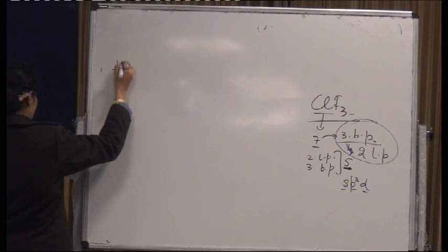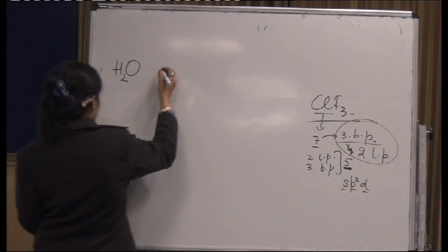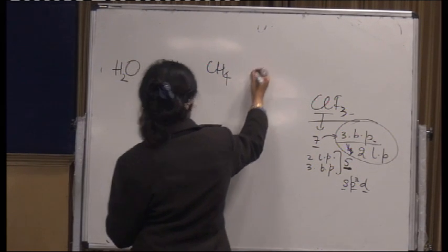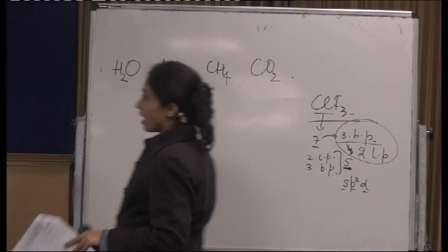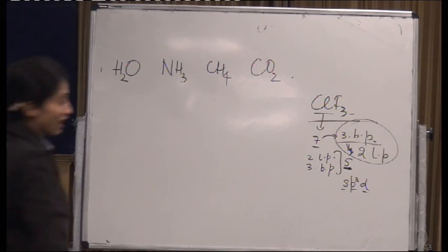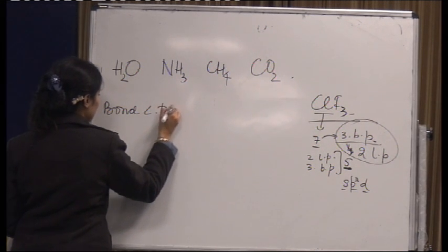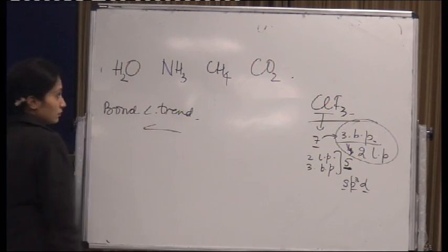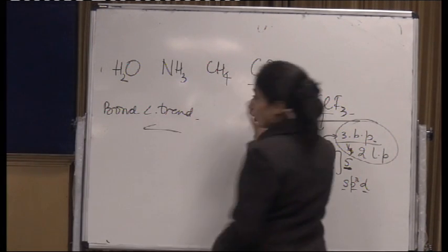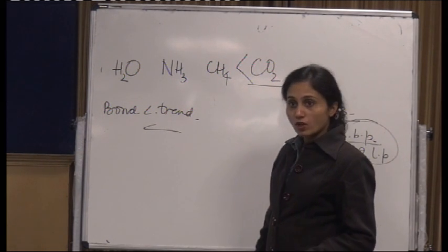You have to give the bond angle trend in case of water, ammonia, methane and carbon dioxide. This you know. CO2 is linear, so the highest will be that of CO2, whatsoever be the case.